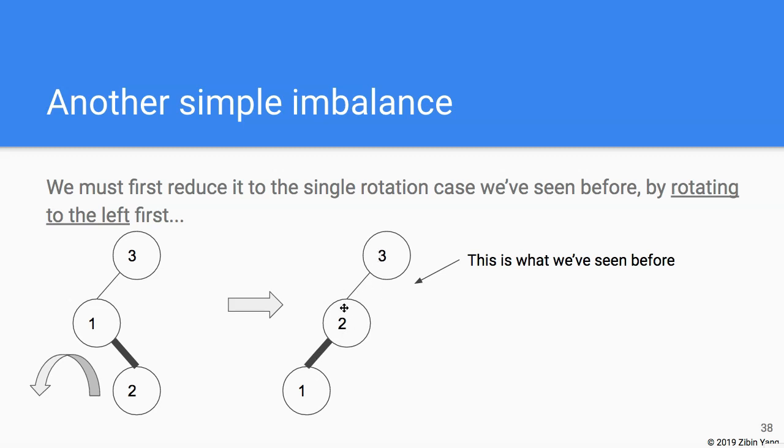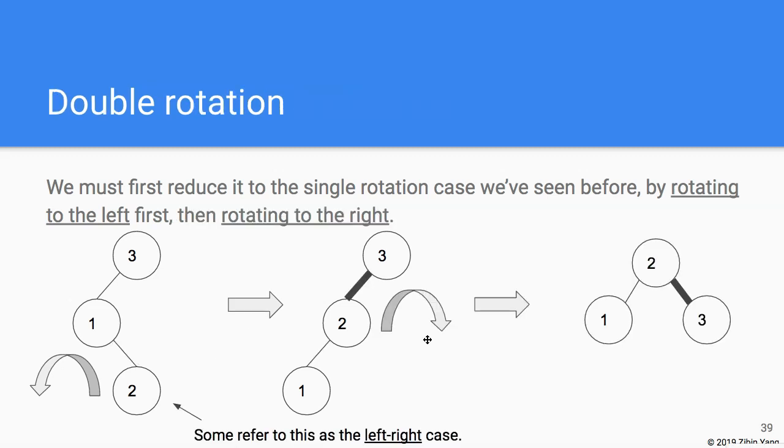Now, once we are in this case, there's something that we have seen before and we know how to fix, right? By doing a single rotation to the right. So this is exactly the same thing as before, but we must do the rotation to the left first before we can do this.